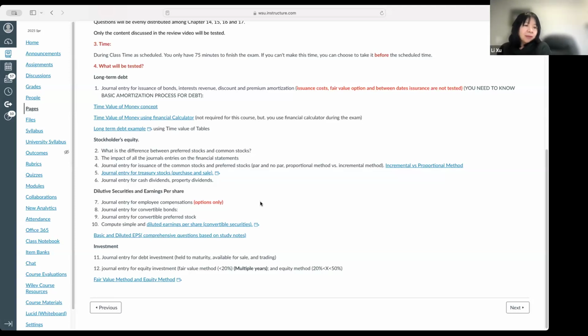All right. Next one, dilutive securities and earnings per share. In class, we talked about restricted stocks, restricted stock units, and stock options for employee-related compensation. But for the test, we only need to test one type of security, which is employee options.